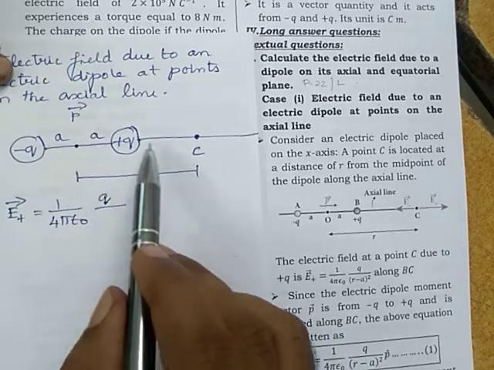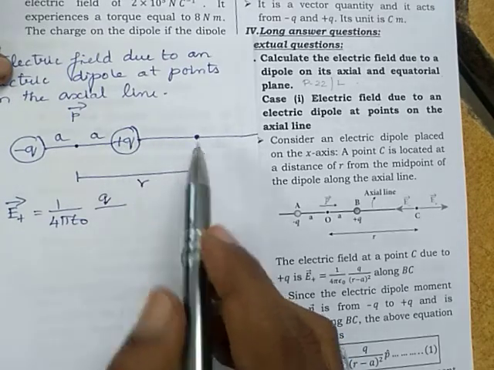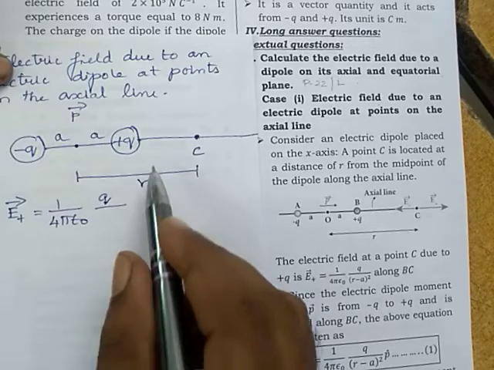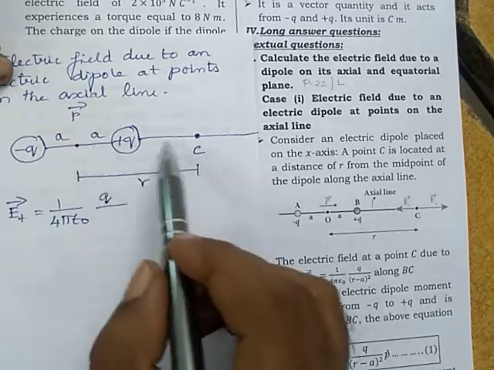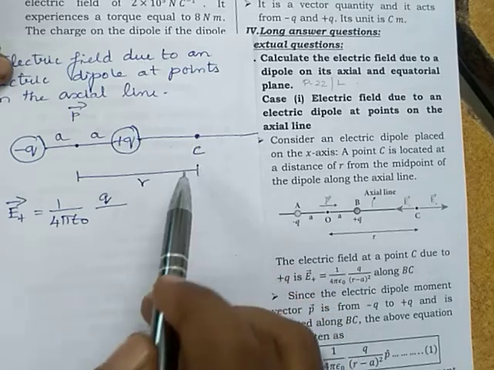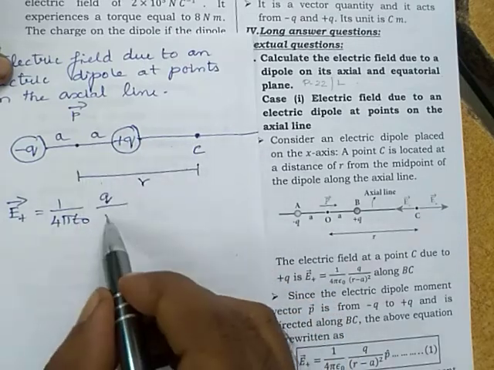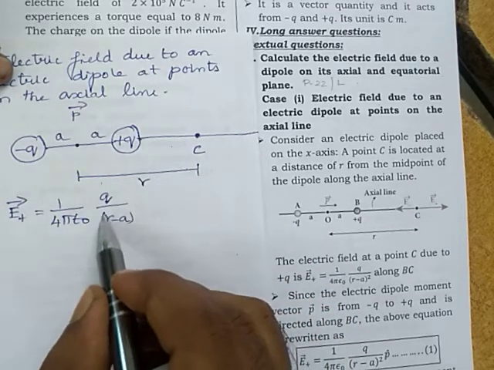What is the distance between the charge and the point C? That is r minus a. We need this distance only, so r minus a whole square.